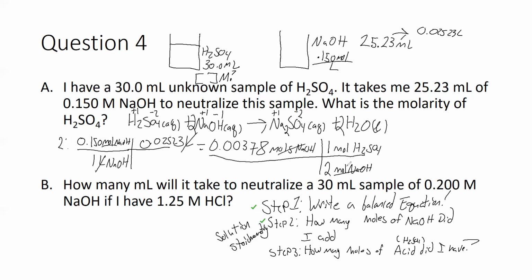So NaOH at the top, NaOH on the bottom, they cancel out. I'm left in a unit of H2SO4. So I take that number divided by 2. And the number of moles of H2SO4 I started with was 189 moles.